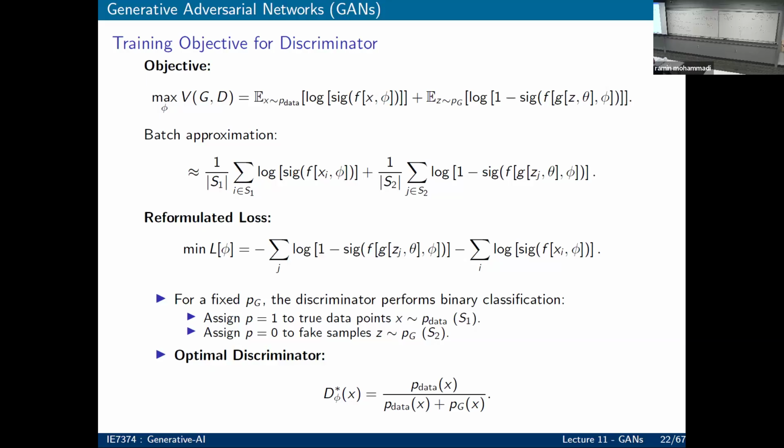If your discriminator assigns p equal 1 to true data, that becomes a good discriminator, and assigns p equals 0 to fake data, that becomes a perfect scenario, right? That introduces the idea of an optimal discriminator: a discriminator that can separate all the fake and real images.